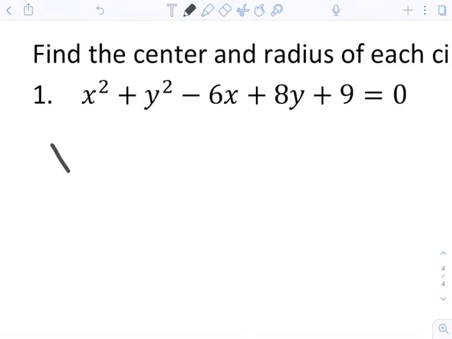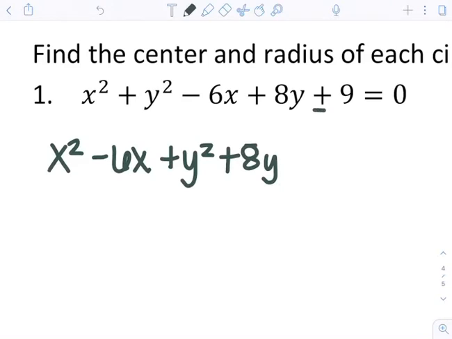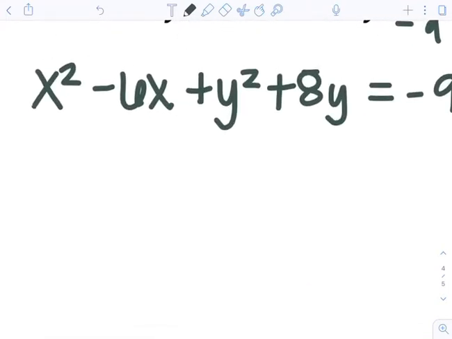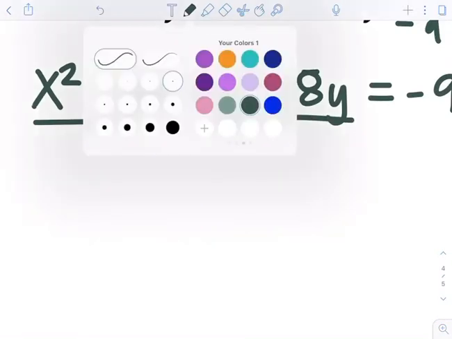So I'm going to have x squared minus 6x, so I'm just rearranging, plus y squared plus 8y, and then I'm going to get rid of this 9 because it has no variable, so equal negative 9. What you're going to do is complete the square with both of these x's and y's. So I'm going to do each one a different color.